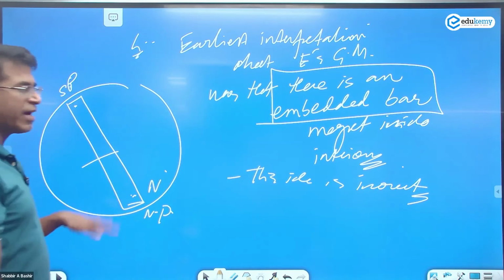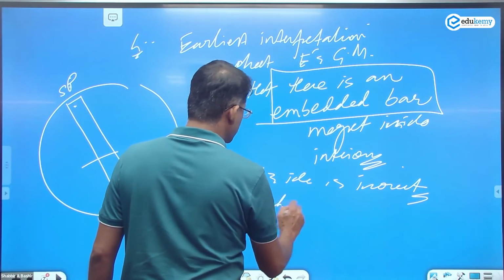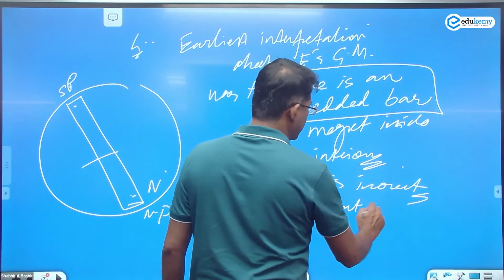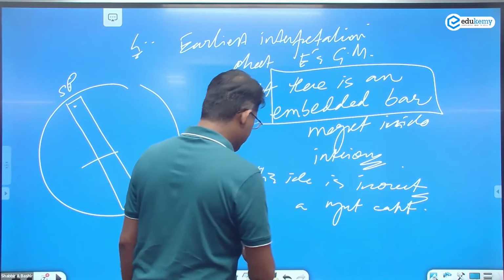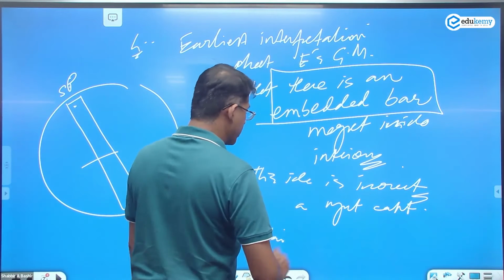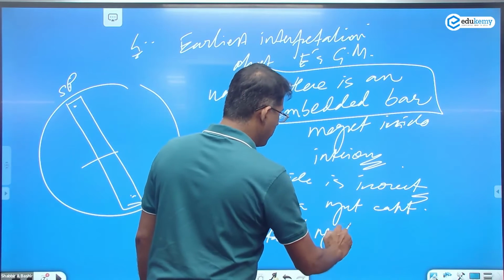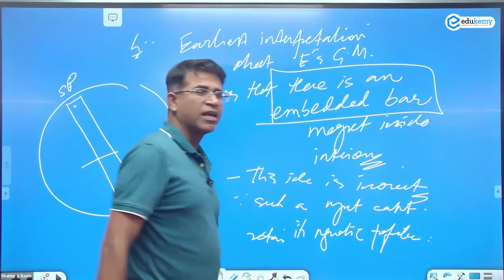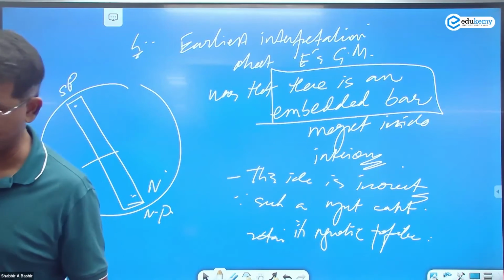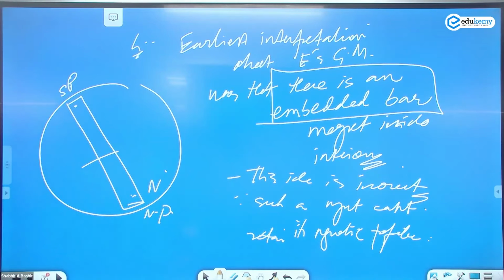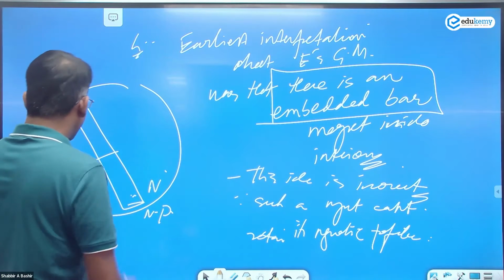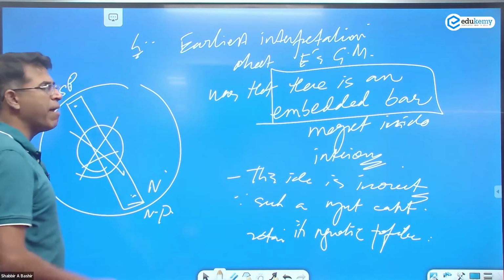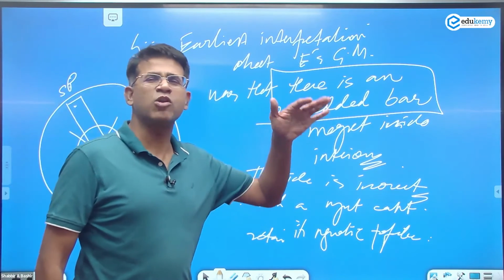So this is incorrect, because such a magnet cannot retain its magnetic properties at the high temperatures of the interiors. It will melt, and at very high temperatures any magnet will get destroyed. So this is not the right idea.